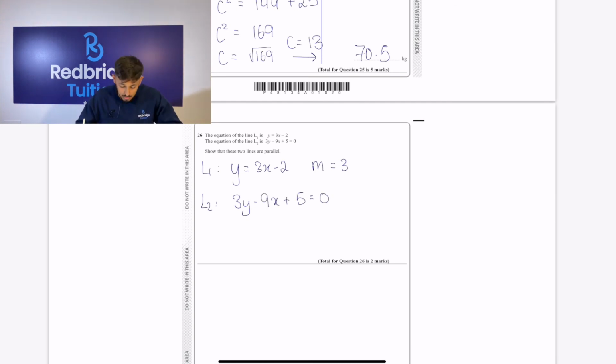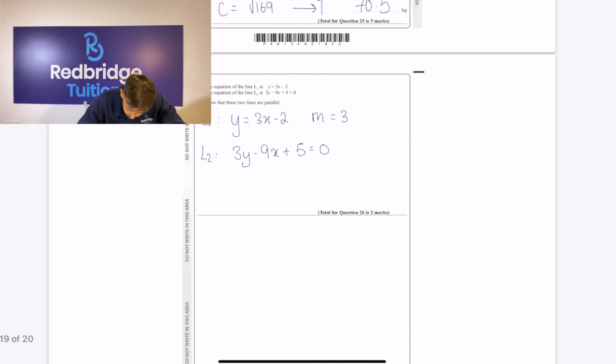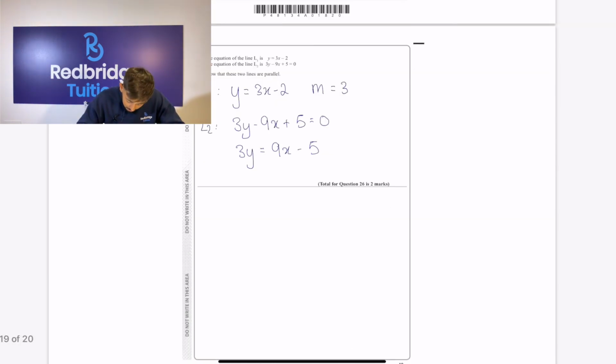What I'm going to do is make y the subject of the formula. So we have 3y is equal to 9x minus 5 when we move these variables to the opposite side of the equation, and dividing both sides by 3, we have y is equal to 3x take away 5 over 3.